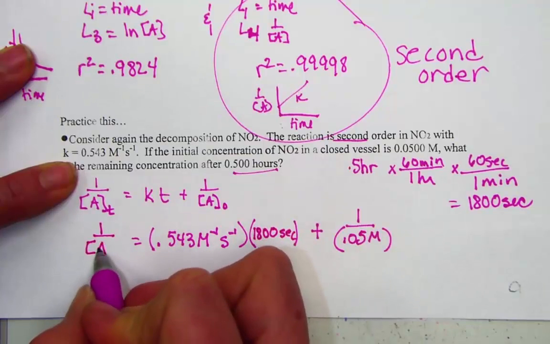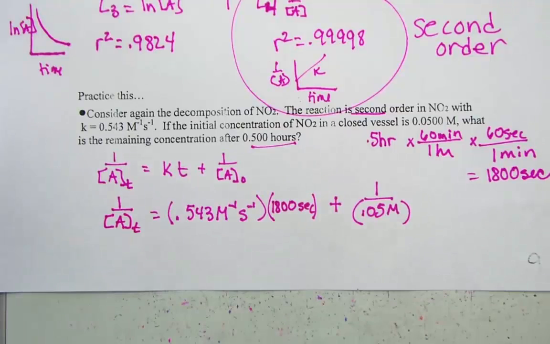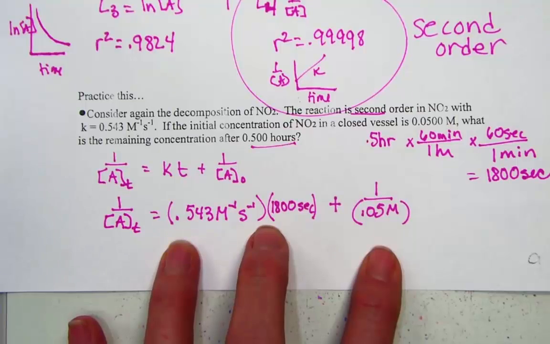How much of that is left after 1800 seconds went by? I think I'll choose to start with the right-hand side and simplify. 0.543 times 1800 equals plus parenthesis 1 divided by 0.05.